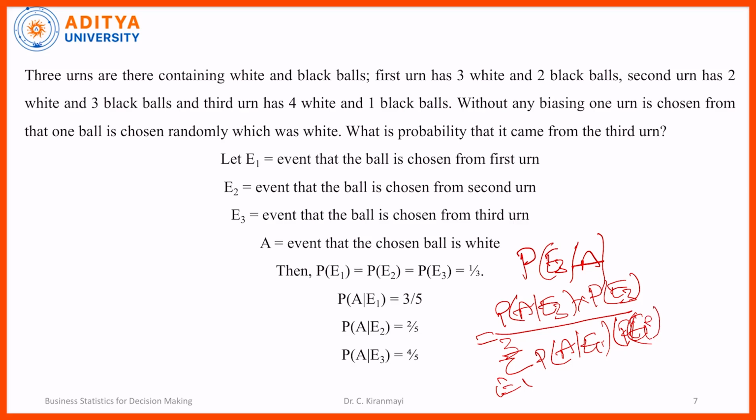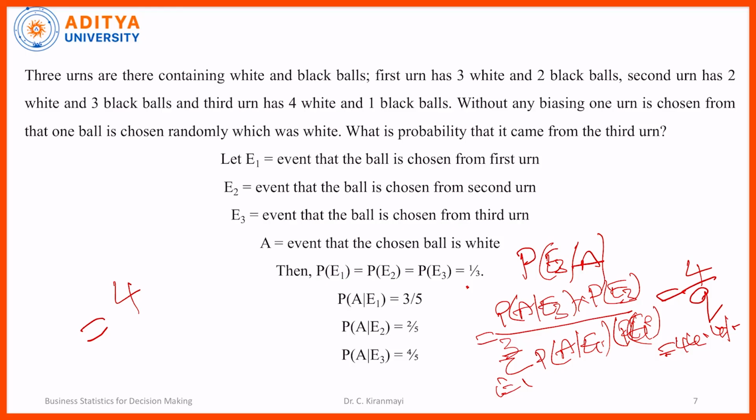If we substitute all these values in this formula, we obtain the final answer as 4/9, that is 44.4%.